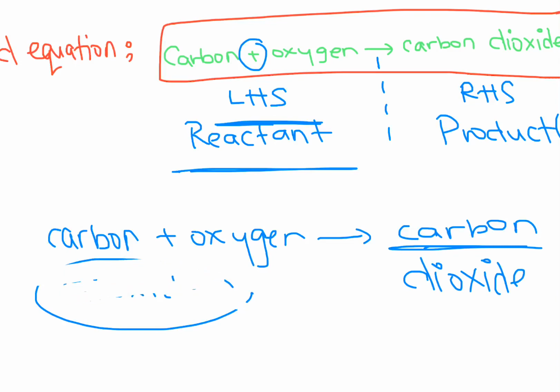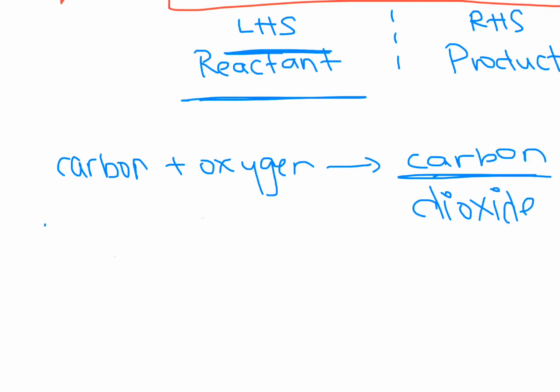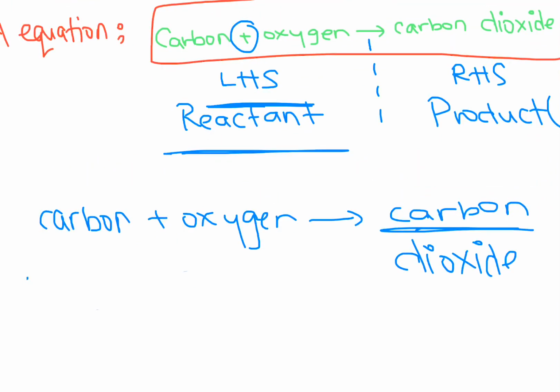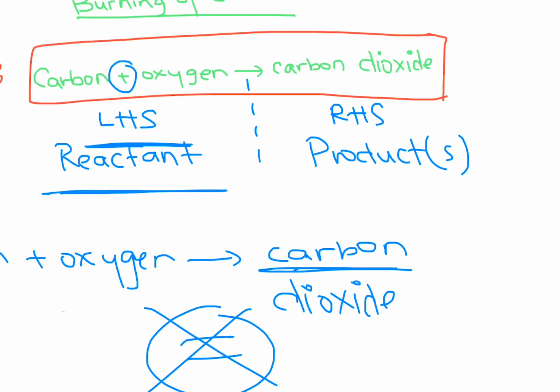The dioxide is part of the product, so it should be on the product side. Everything on the reactant side should be on the left-hand side, and everything that concerns the products should be on the right-hand side. You have to be careful about this. And you cannot use equal to signs. You will be penalized if you use equal to signs.